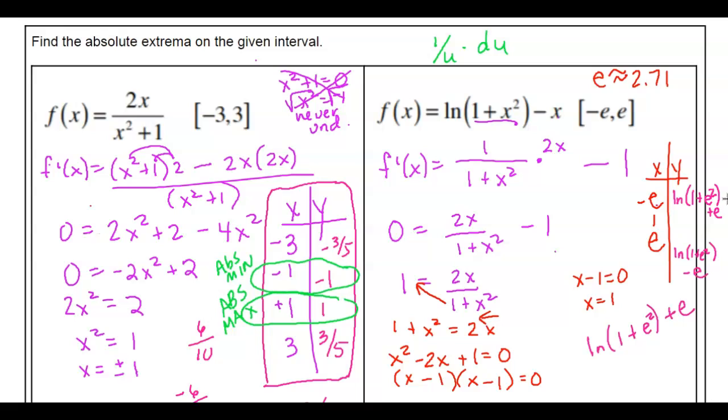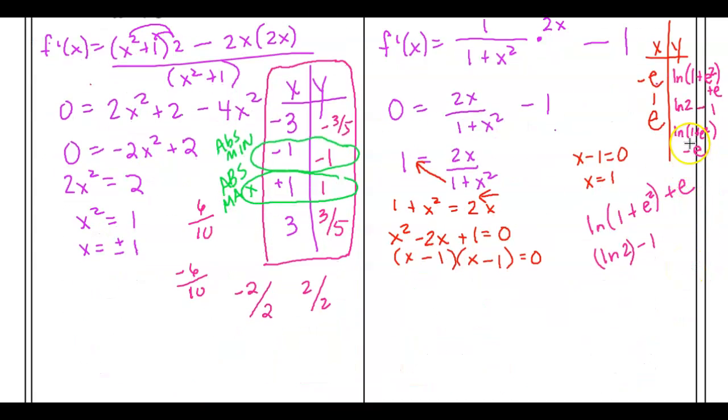And then we're going to plug in 1. So the natural log of 1 plus 1 squared is 2 minus 1. Now, these are together, so we can't do 2 minus 1, so it's just the natural log of 2 minus 1. On this problem, because you're not supposed to know what natural logs are, you would have a calculator, okay?